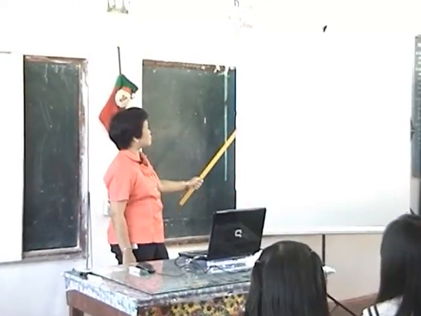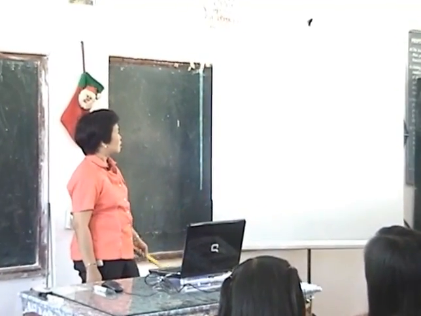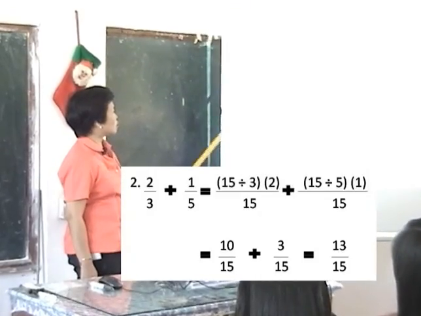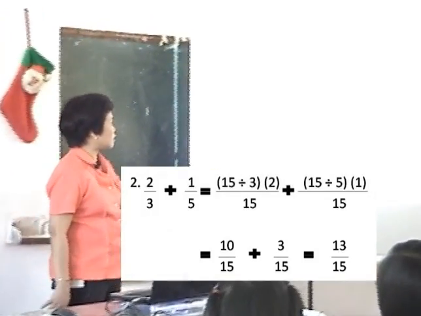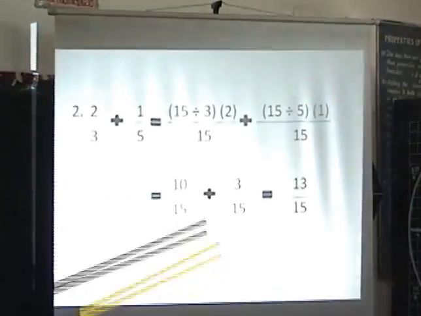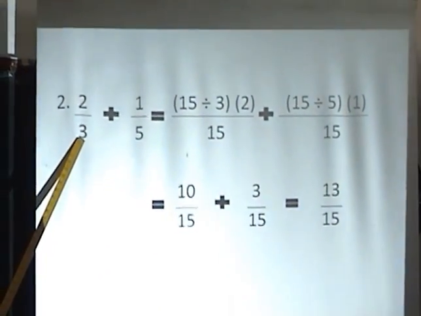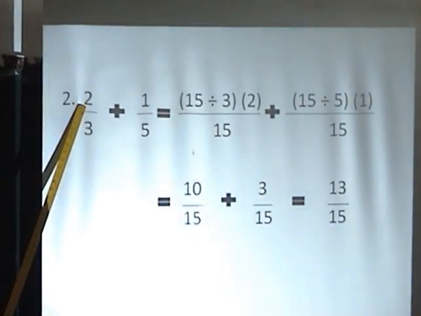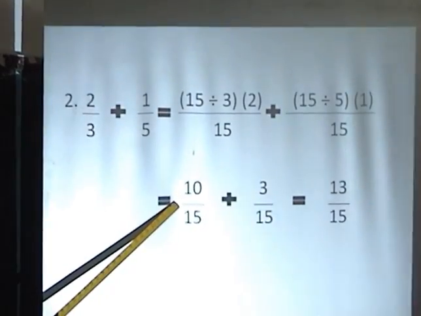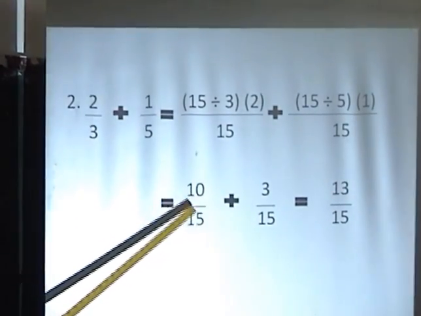Okay, the next problem is 2/3 plus 1/5. So, the least common denominator of 3 and 5 is 15. 15 divided by 3 is 5 times 2 is 10. This now becomes 10/15.